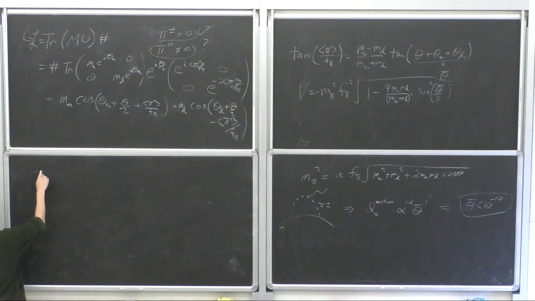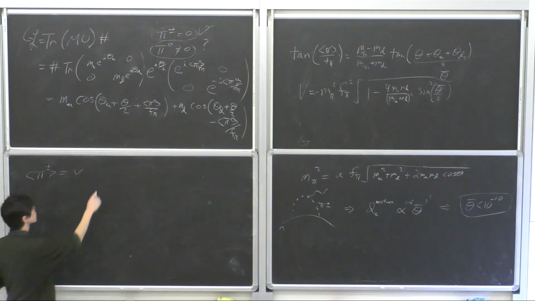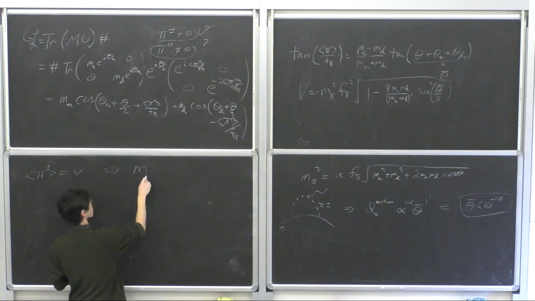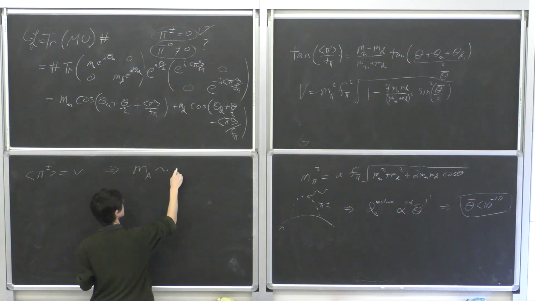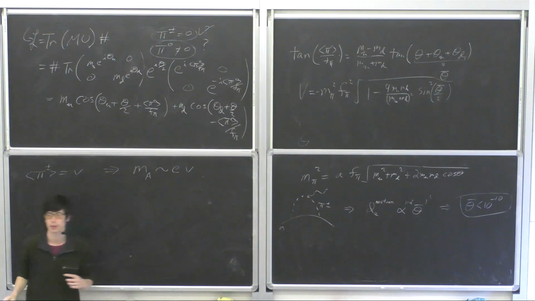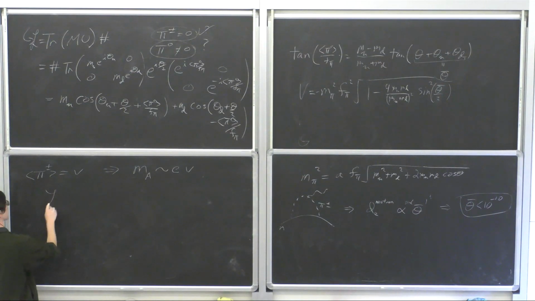So if pi plus or minus has a VEV, let's call it just V, this will give a mass to the photon, which is E times V. And so for example, let's say we take the Coleman-Weinberg potential for the photon in the Lagrangian.